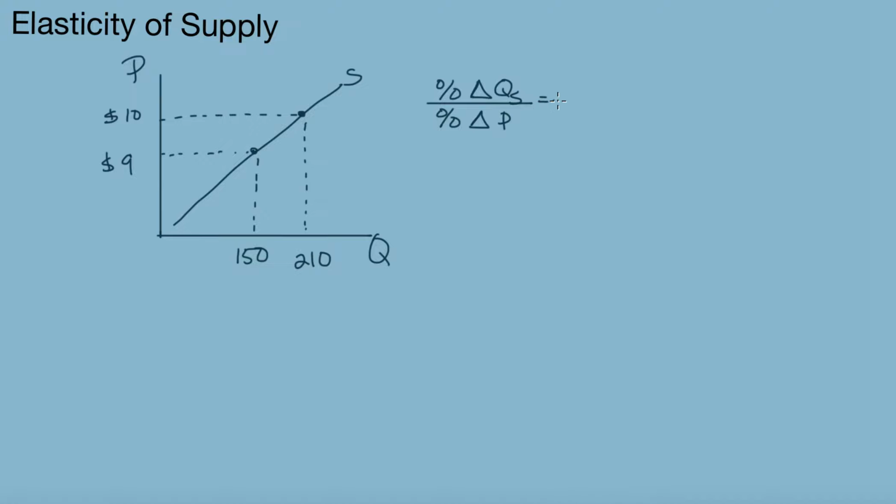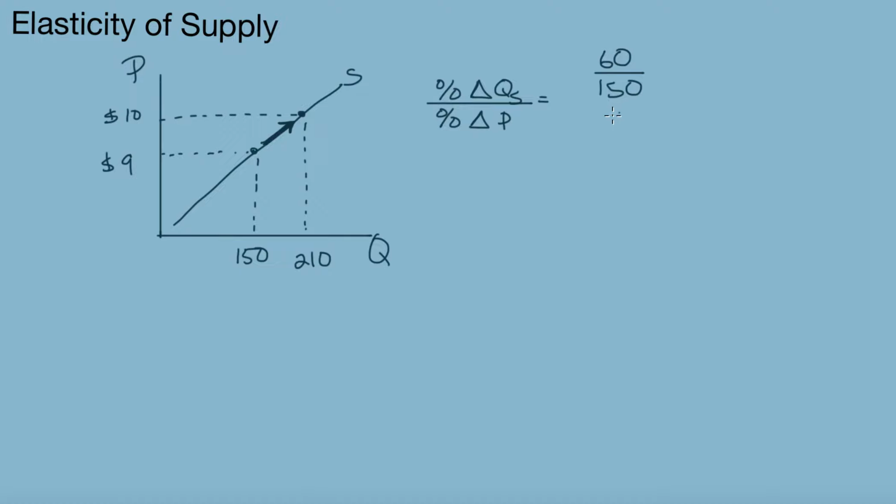So now let's look at what those percent changes are. We're going from a $9 price and increasing it, moving along our existing curve up to this $10 price. We'll start with the change in quantity supplied. It went from 150 units to 210 units, so the change there is 60 units, and we'll divide that by our original quantity supplied, which is 150 units.